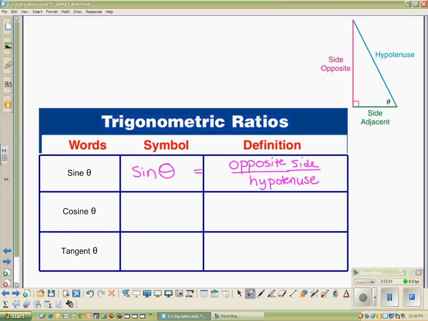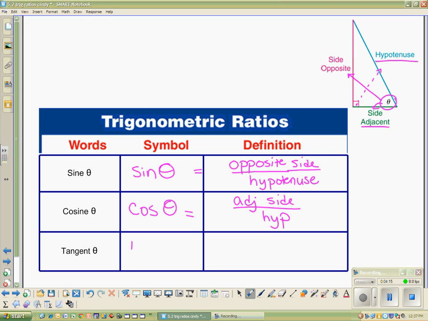Where is the opposite side? Well, if this is my angle, then opposite it looks like that. And the hypotenuse is easy to find. It is opposite the right angle, always our longest side. And then the adjacent side would be the leg that is attached to the angle that I'm talking about. Cosine, of course, abbreviated cos of theta, compares the adjacent side to the hypotenuse.